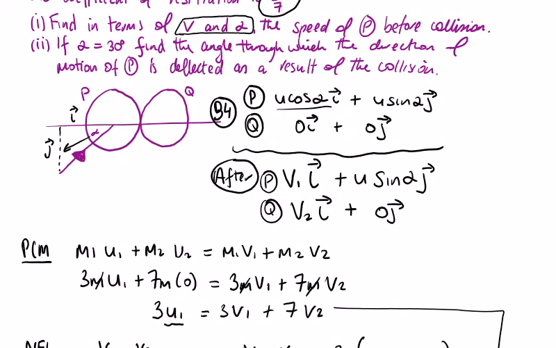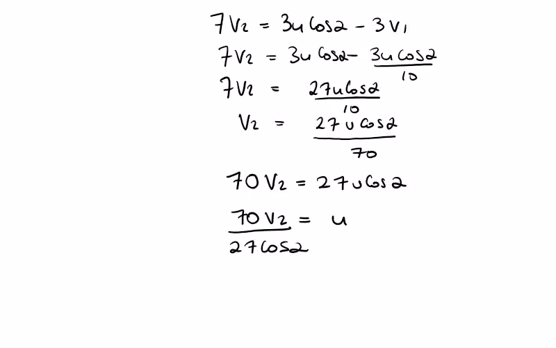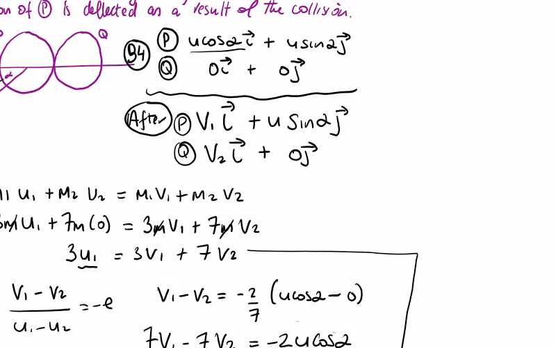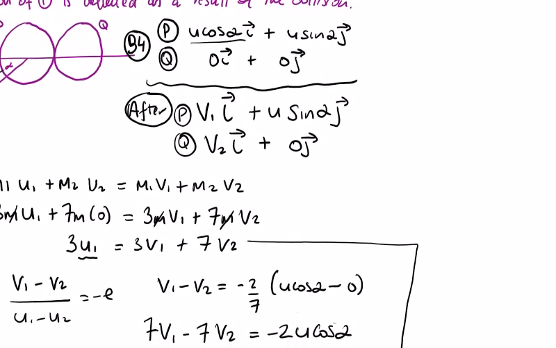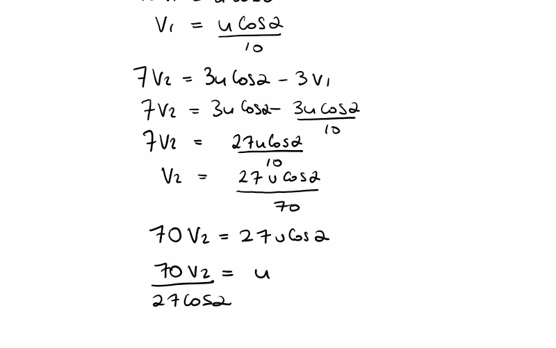If alpha is 30, find the angle through which the direction of motion of P is deflected as a result of the collision. Okay, so alpha is 30. It will help if I write down what's happening with P: U cos alpha plus U sine alpha times J. The U sine alpha times J is not changing, and I have this new V1. So I have U cos alpha over 10 in the I direction plus U sine alpha in the J direction. That's P after.